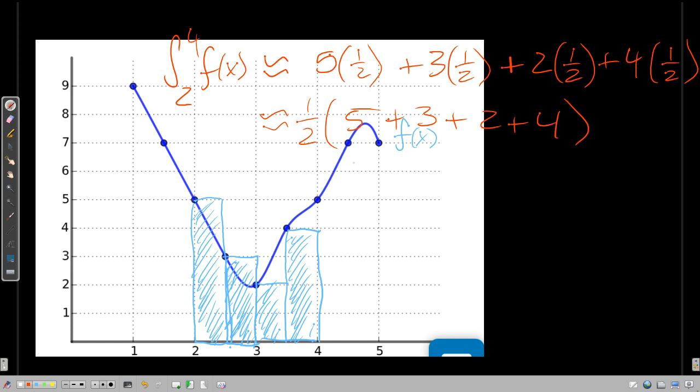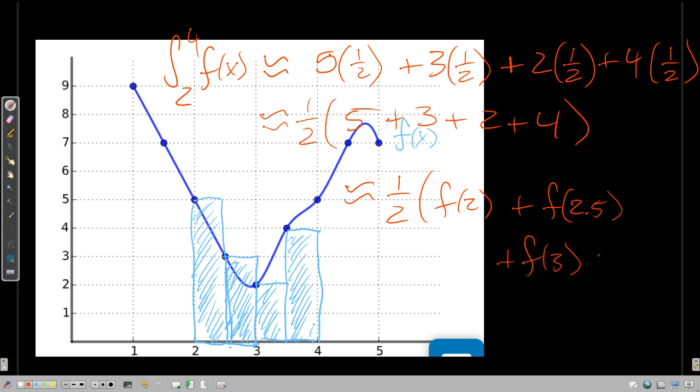And in fact, each of those numbers, 5, 3, 2, and 4: 5 is really just f of 2, and 3 is f of 2.5, and then the 2 is f of 3, and the 4 is f of 3.5.